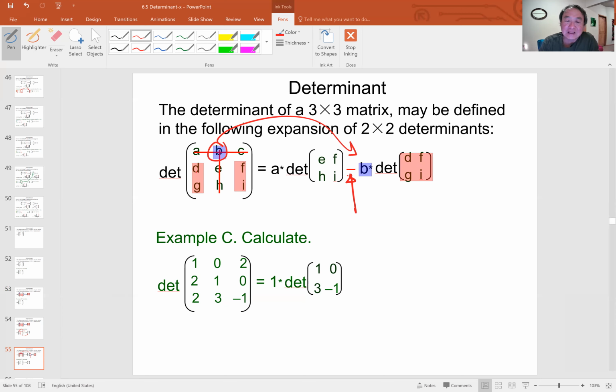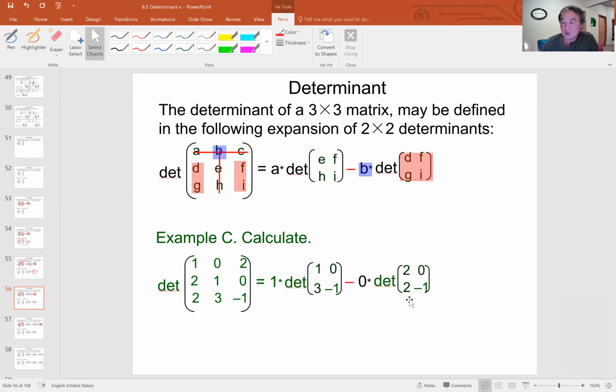And then multiply by the determinant of the submatrix where the second entry is situated, crossing out its row and column. So in this case, it's going to be 0 minus 0 times. Well, we can stop there because I really don't care what the determinant of this is, but it's going to be 0.